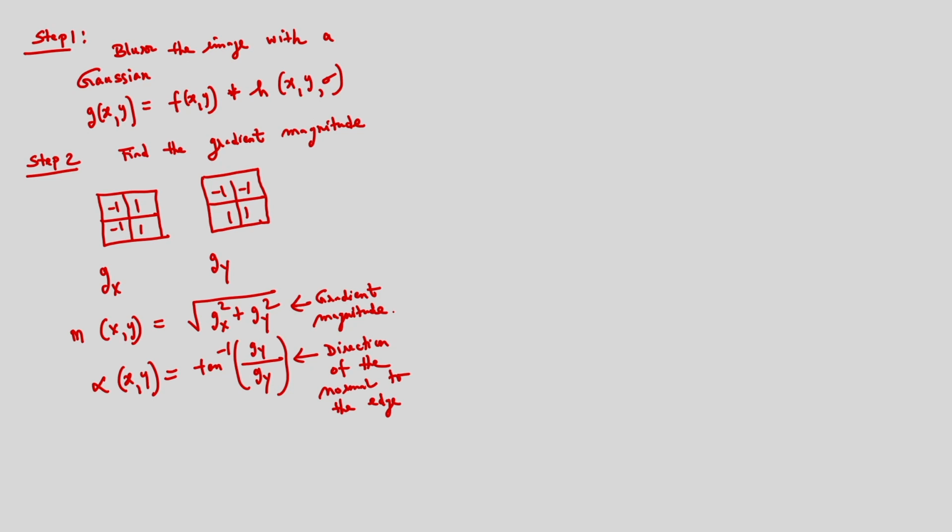The step number 3 I want to explain, that is a very important step. The step number 3 is non-maximum suppression. What we have to consider: in a window I have to examine if the gradient value of the pixel is greater than the neighborhood pixels.